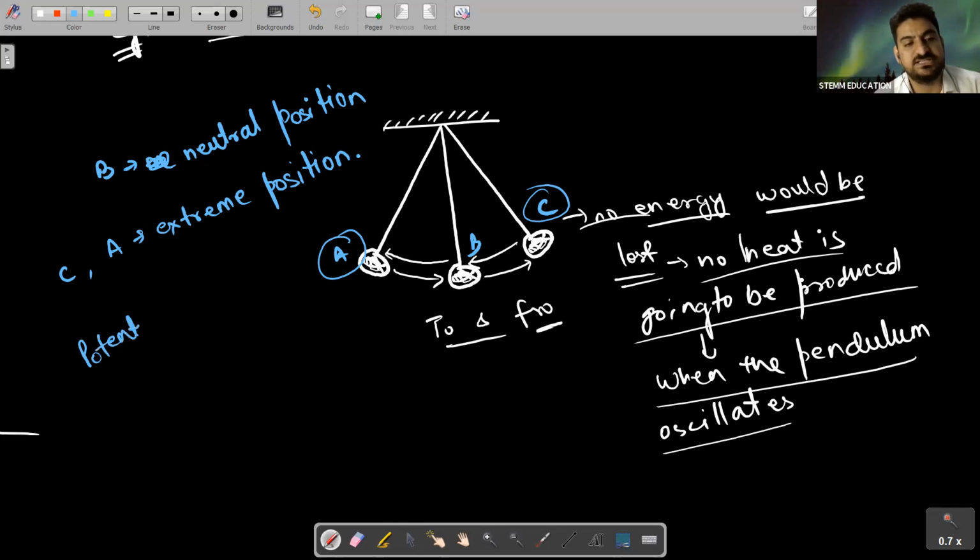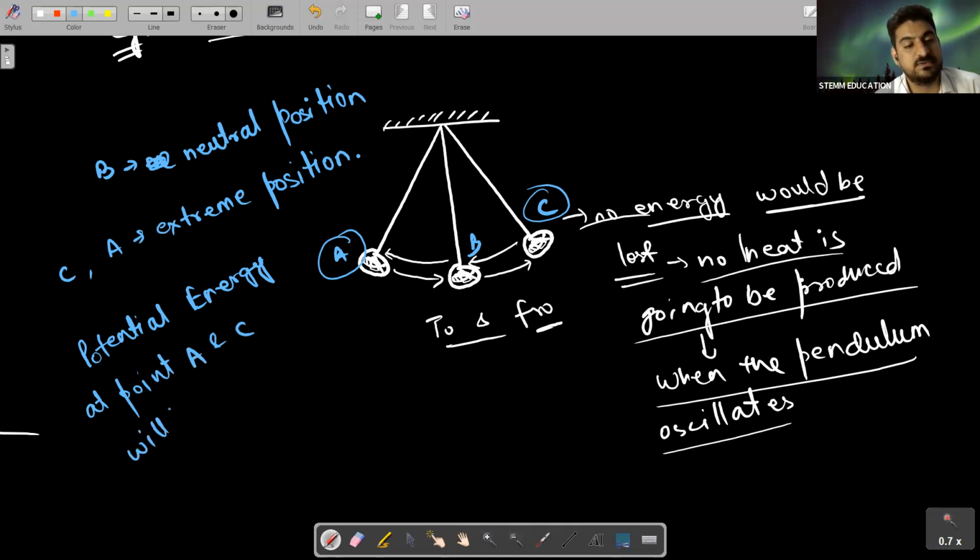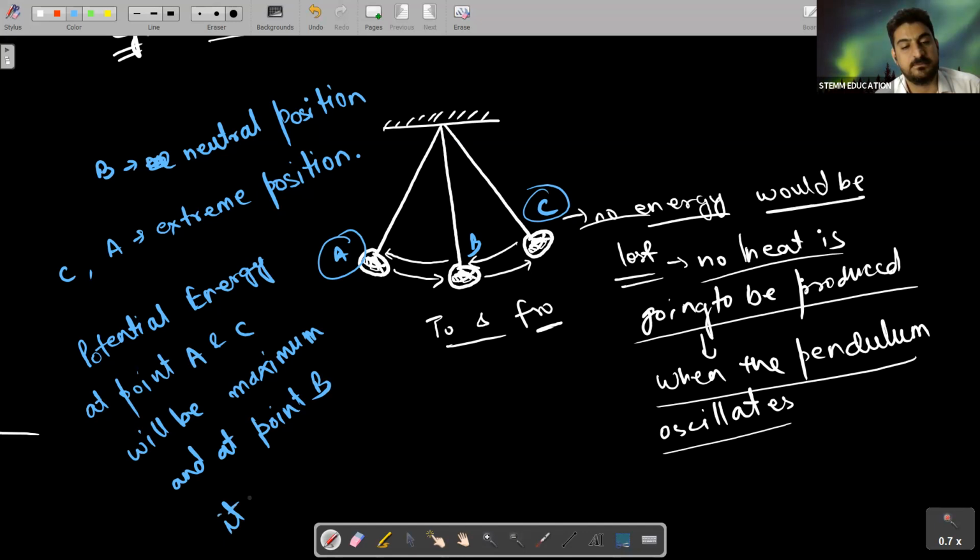Potential energy at point A and C will be maximum. And at point B, it will be minimum.